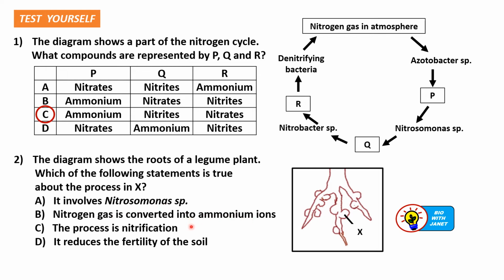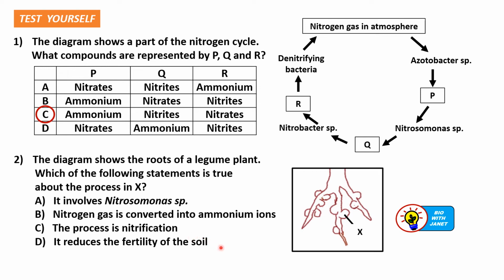So B is correct. Now let's look at C. The process is nitrification. No, it's fixation of nitrogen. Nitrification is different, all right, as we have studied. So nitrification occurs when ammonium ions are converted to nitrites, or when nitrites are converted to nitrates. This is nitrification.